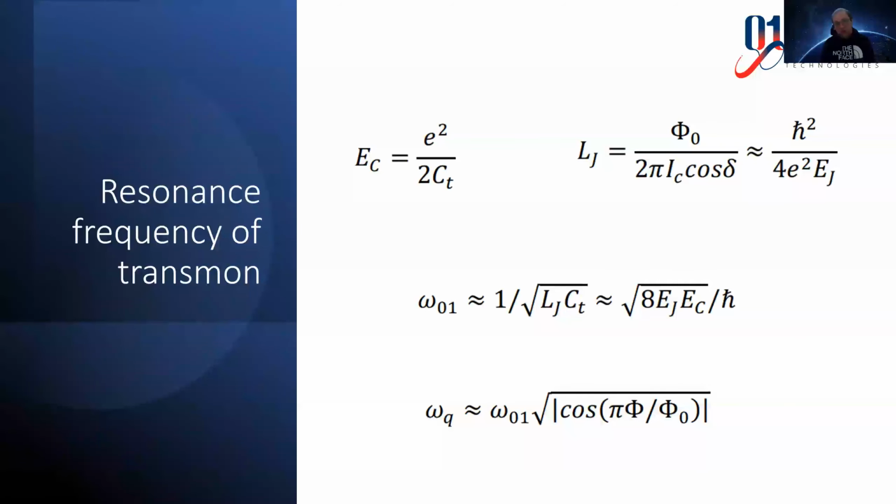So as we see here, omega 01, the transition frequency from the ground state to the first excited state, is given by the familiar formula of the parallel LC circuit, which is 1 over square root of LJ CT. And we see that it's also related to the Josephson energy EJ and the charging energy EC.